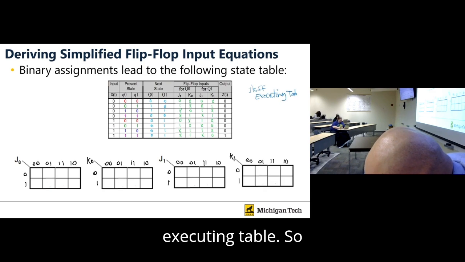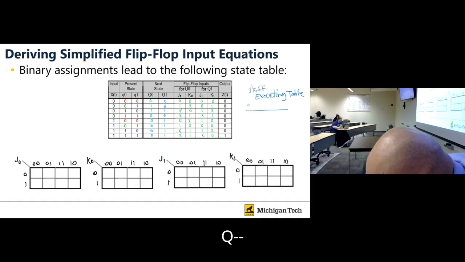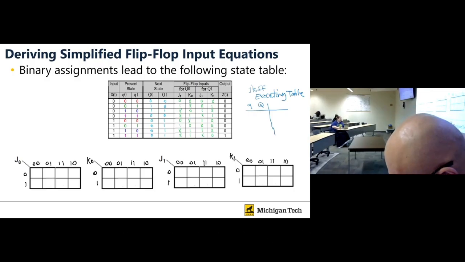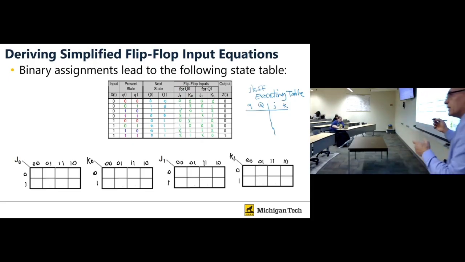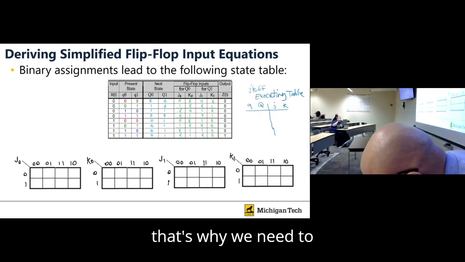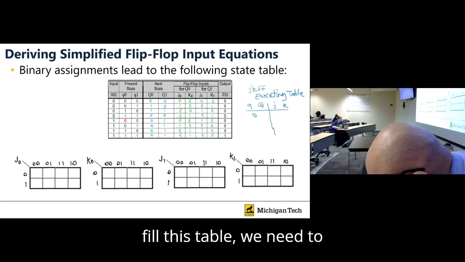The execution table shows Q, capital Q, from the previous state to the next state. So this is the important one, and that's why we need to fill this table.